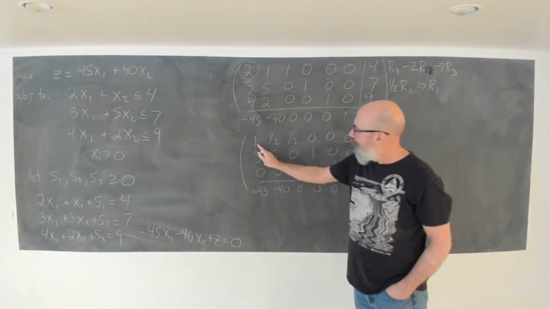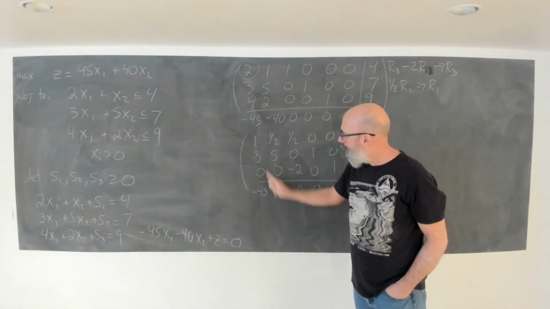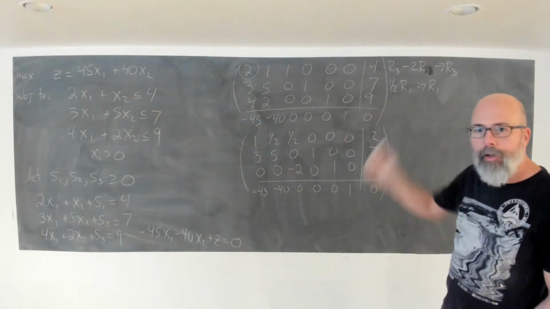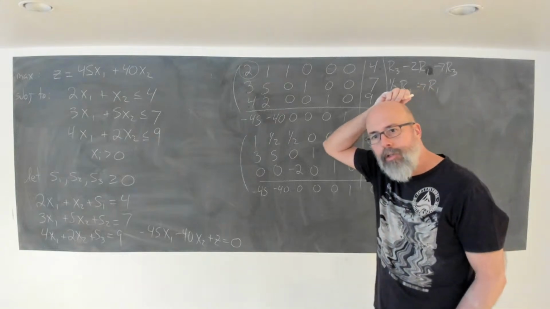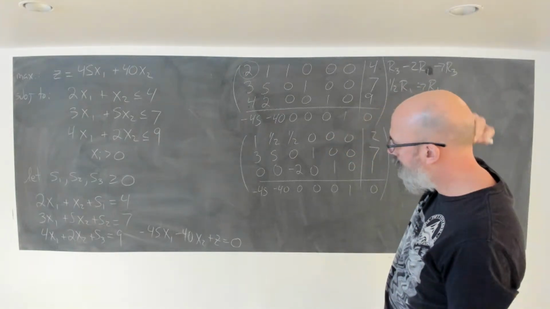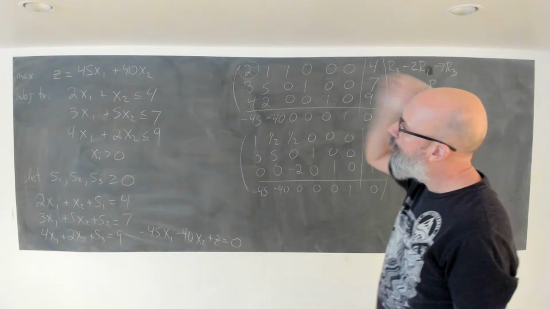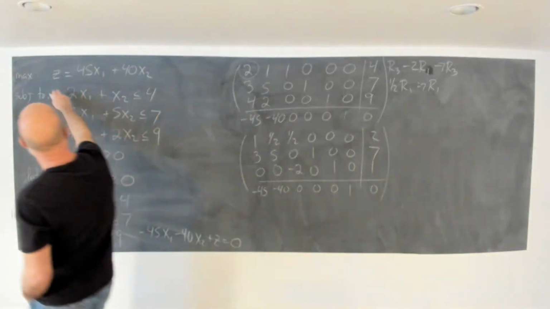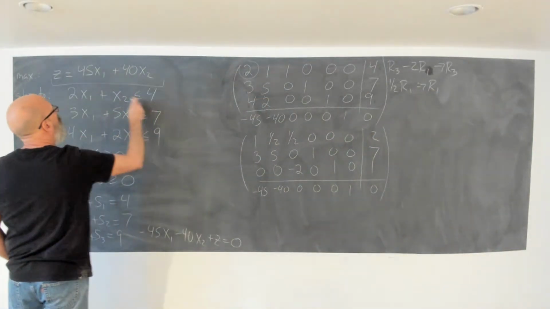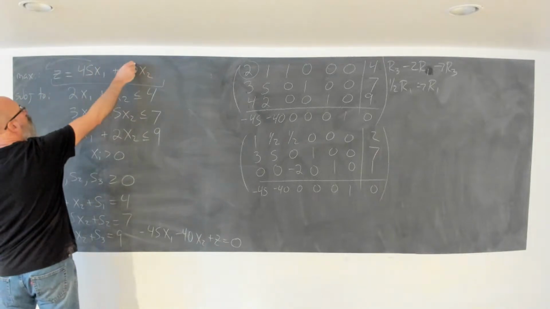And now let's finish that up by using this 1 to clear out the column. Why is it plus Z and not minus Z? Well, I mean, it's Z equal to this. So all I'm doing is bringing these to the other side.